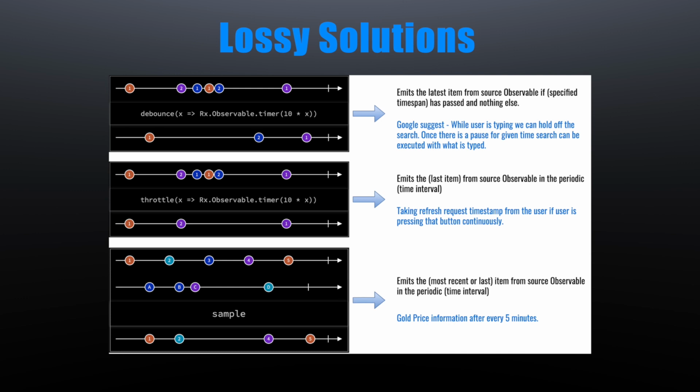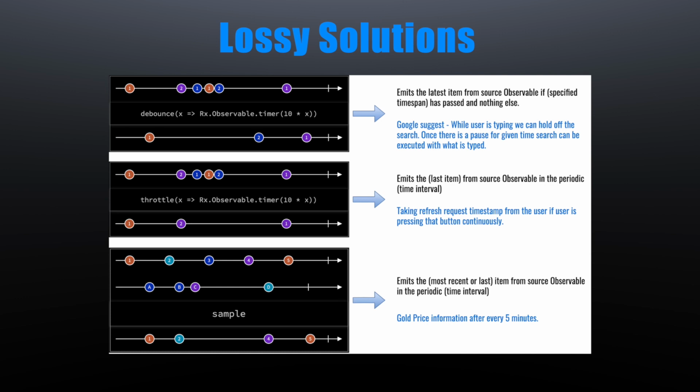If you are using the debounce operator and the user is pressing that button continuously, that means he is generating a stream of elements for the UI screen to consume. In that case, when the user stops pressing that button, then after the specified time interval, that print statement will get executed in your application.